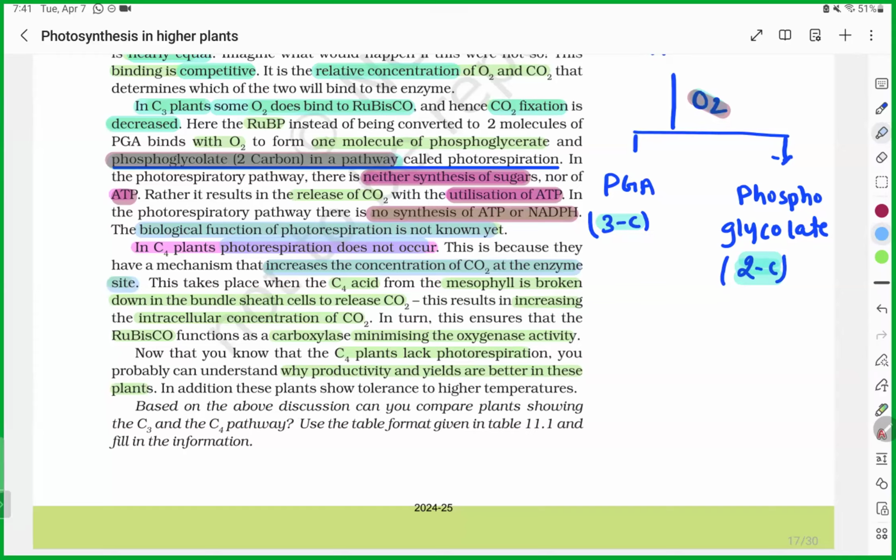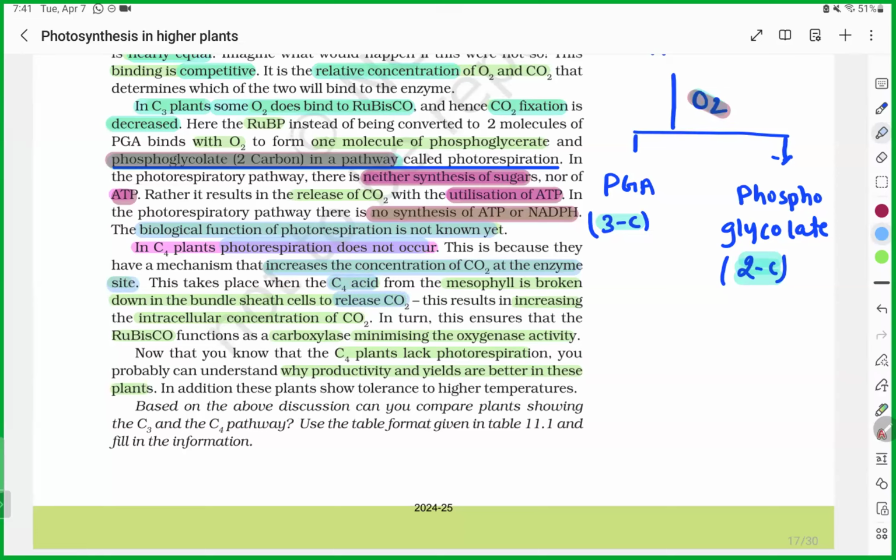This takes place when the C4 acid from the mesophyll cell is broken down in the bundle sheath cell and releases CO2 inside. What is special in a C4 plant is that CO2 is released inside, so more CO2.